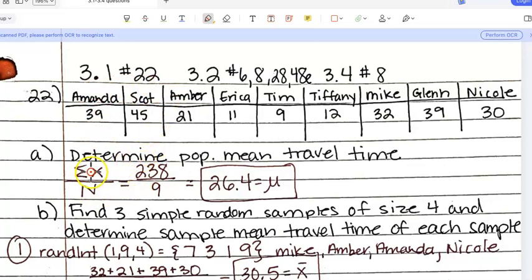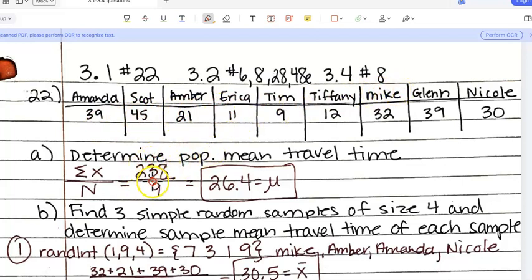So the way we determine mean is to add them all up and then divide by the total. So sum of all x, so these are our x's. So I just took 39 plus 45 plus 21 all the way on down the line, should give you 238.